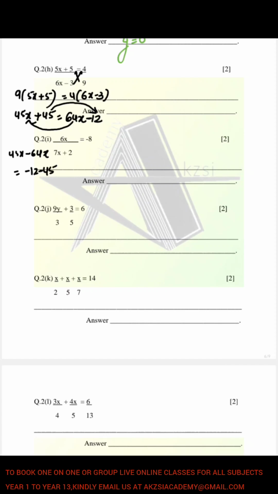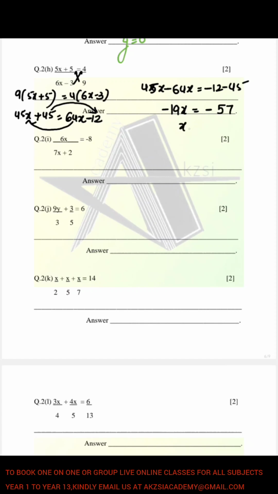I know it's a bit messy. I think it would be better if I write it here. 45x minus 64x equals minus 12 minus 45. Negative 19x equals negative 57.